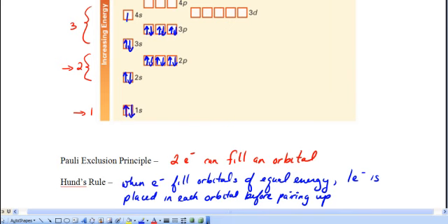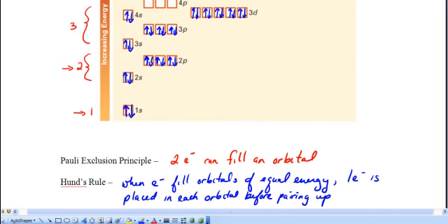When you get to the 4s, which is the next one, you'll put 2 in there before moving on to the 3d. Now again, don't worry about why the 4s gets filled before the 3d. Whoops, I'm actually doing this wrong. You're going to put 1 in each first, and then go back and put the pair in. And so on and so forth.